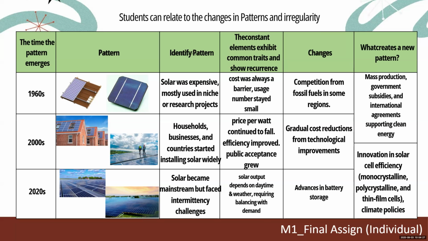So solar panels have advanced in battery storage, making them popular in both household and industrial use. The change between pattern 2 and pattern 3 is the innovation in solar cell efficiency.